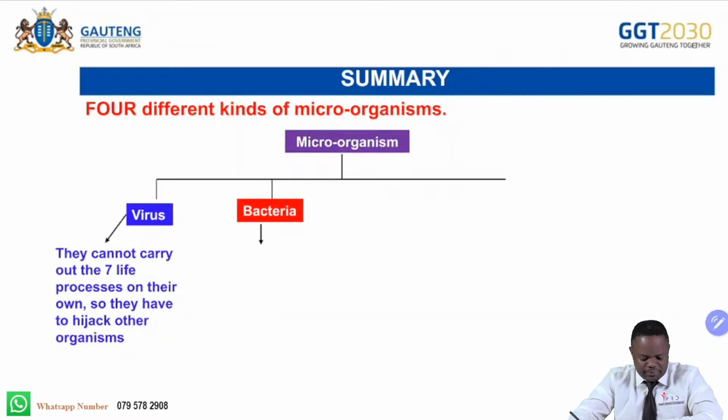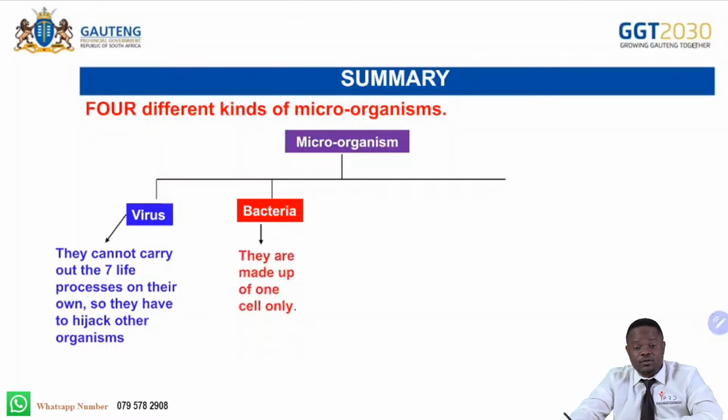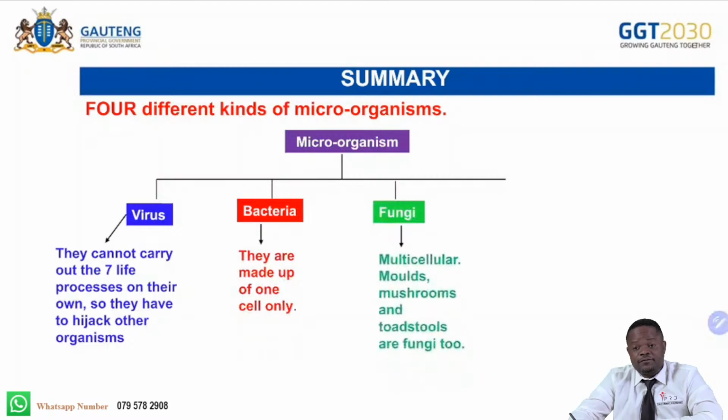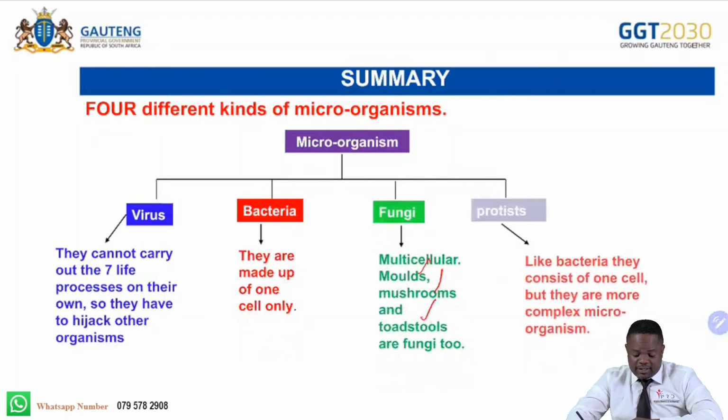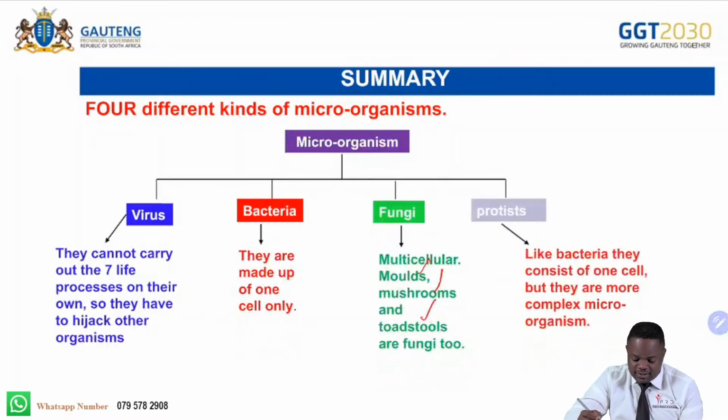Then we have the bacteria, which are made of one cell only. They are unicellular. And then we also mentioned the fungi. Remember the typical examples that we gave of the fungi: the mold, the mushrooms, and the toadstool. And last but not least, we have our protists, and these are made of one cell.